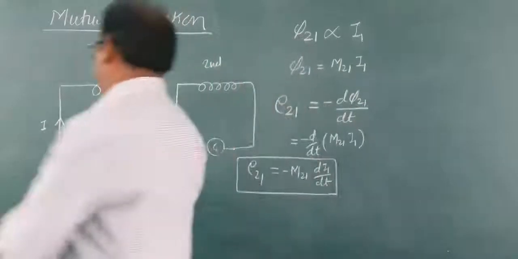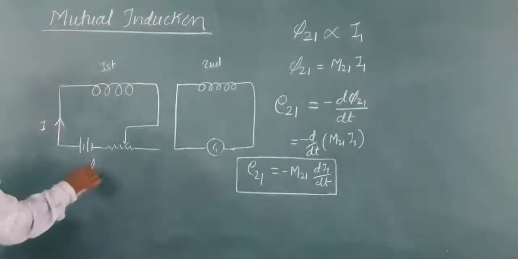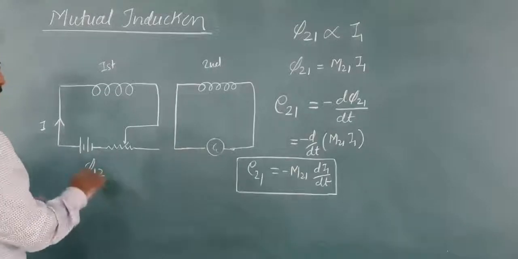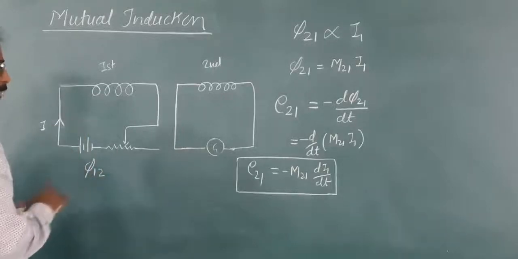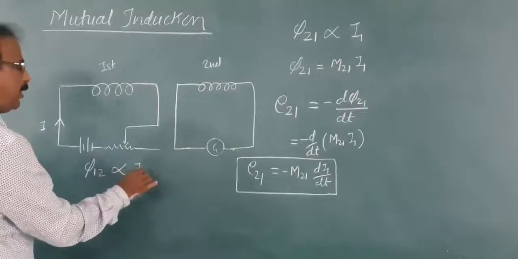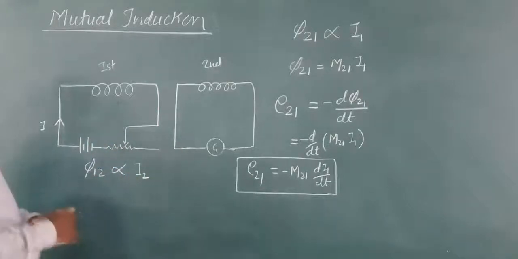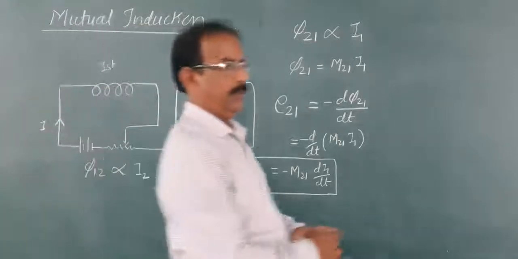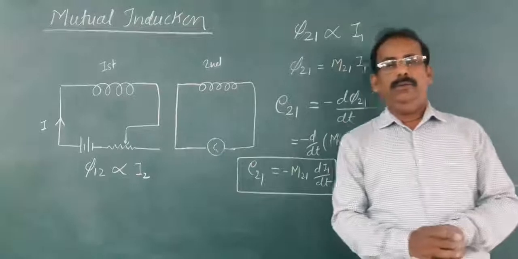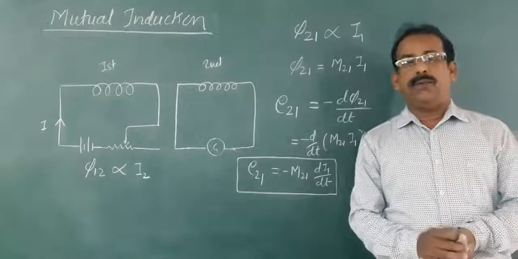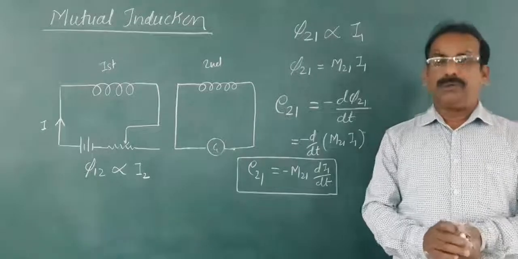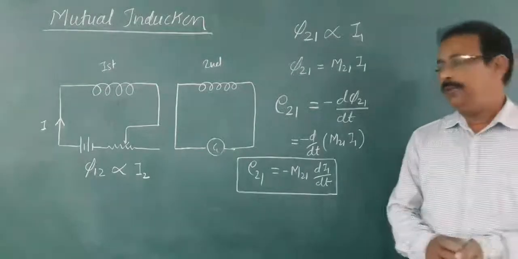In this case, the flux passing through the first coil due to the current in the second coil will depend on the current through the second coil. The flux passing through the first coil due to the current in the second coil, denoted by φ12, will be proportional to I2.